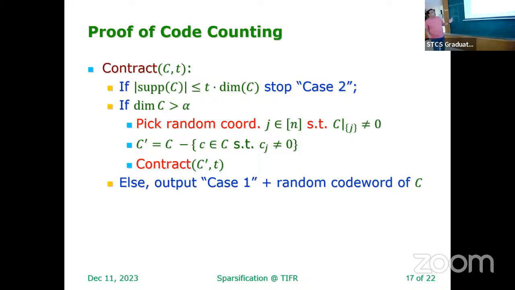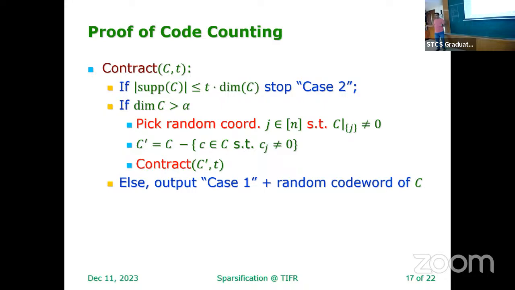On the other hand, what might happen at some point is that the support of our code might turn out to be too small, the support being the number of non-zero rows. If at some point the number of non-zero rows is smaller than t times the dimension of the code that we are looking at, then we stop immediately and output this subcode.